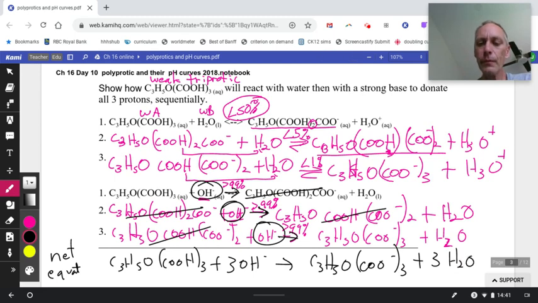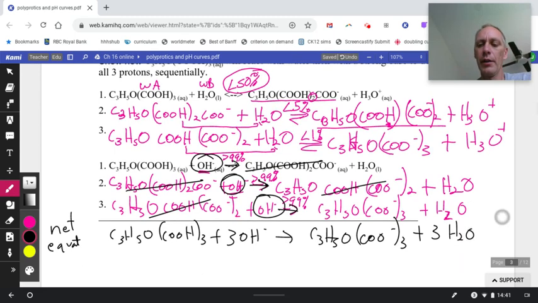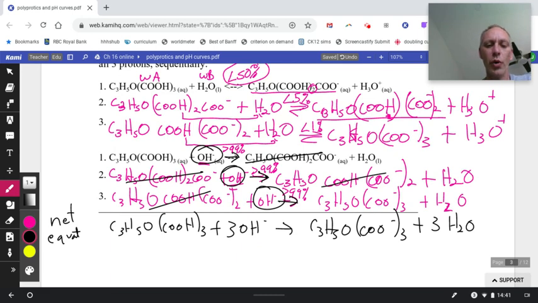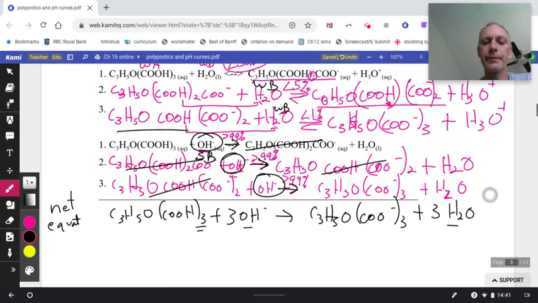Phew, that's a lot of writing. And there's our net equation. So that's triprotic. 3 protons donated to 3 hydroxides to make 3 waters. And again, that only works if you have a strong base. If you have a weak base, then it just gets weaker and weaker. Our acid gets weaker and weaker.